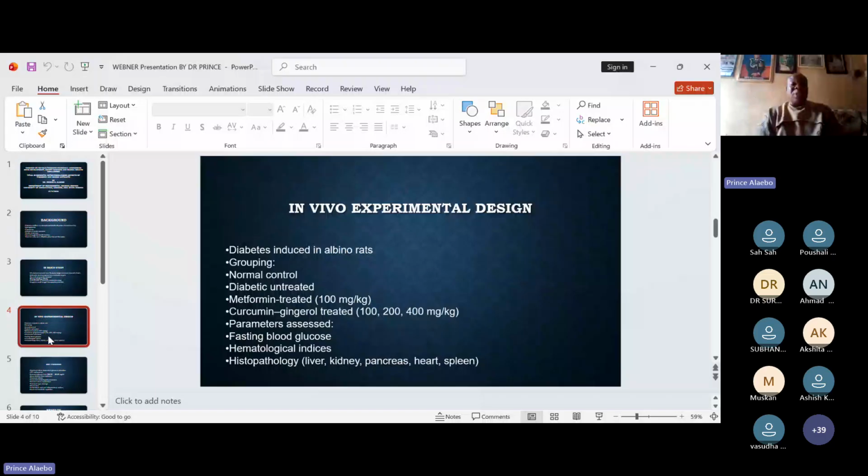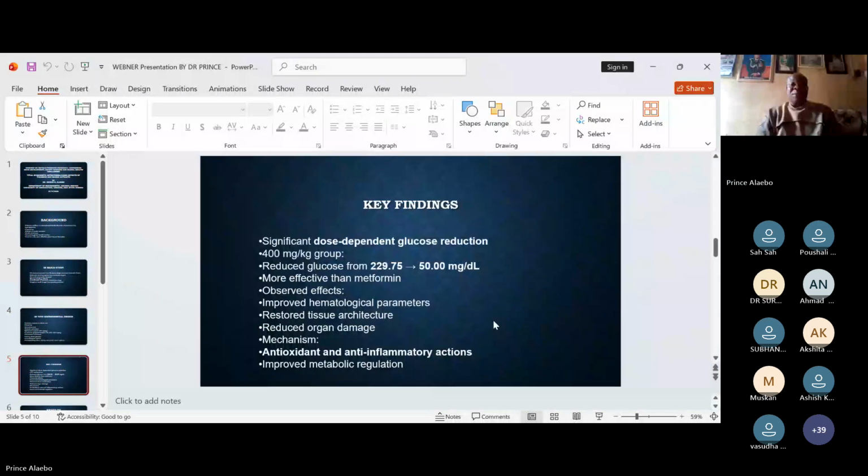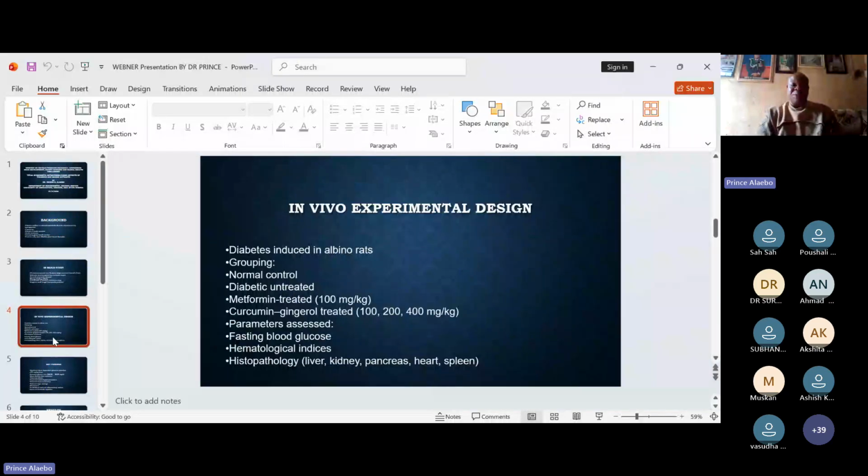There was a reduction in blood glucose level from 229 to 50 milligram per dL, which is important. There were improved hematological parameters, restoration of tissue architecture, and reduction in organ damage, which shows that this combination of Curcuma longa and Zingiber officinale is of great importance in reducing glucose level.